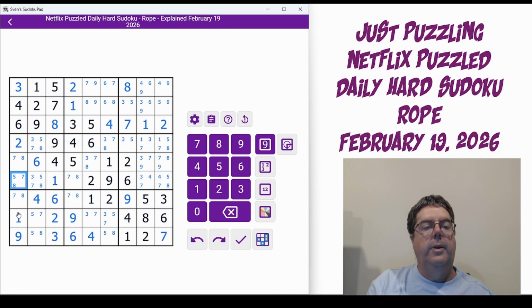So 9's there, 9's there. 9 is here. 3 comes up here. 3's there. 3 comes up here. 3 can be here. 3's there. So 3's one of these two. That's okay.